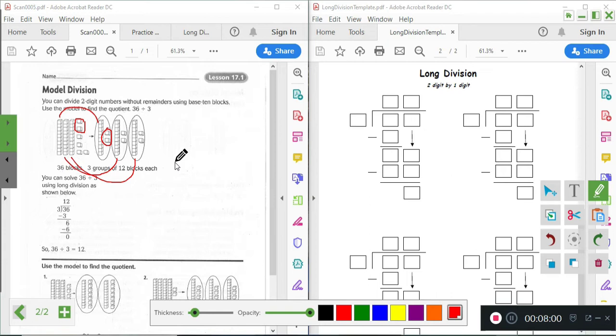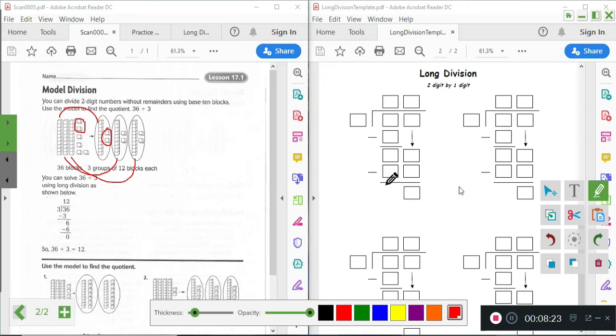That was multiplication. Now you just want to know how many are in one group. So how many blocks do I have in one group? Well, in one group, I have 10 and 2 more.